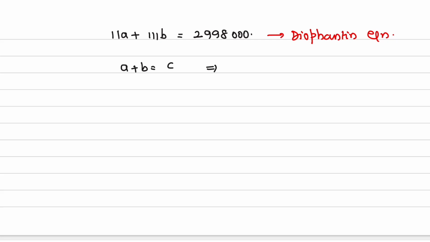That implies a is equal to c minus b. That implies 11 into c minus b plus 111b is equal to 2998,000. Do you agree?